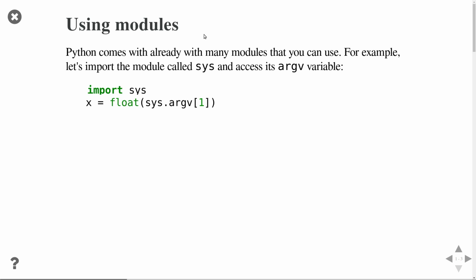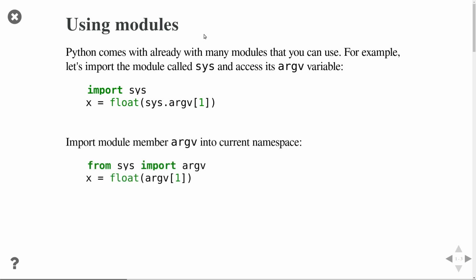Then we can use it by stating the module name, in this case sys, dot, and then whatever variable or function or class that module contains. In particular here, the sys module contains a variable called argv, and it turns out that this variable is a list, so we access the second component. So that's how you use modules.